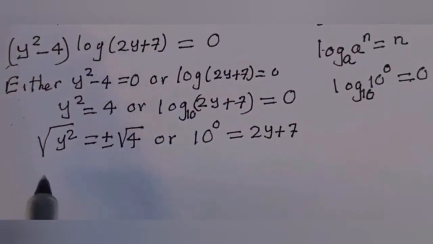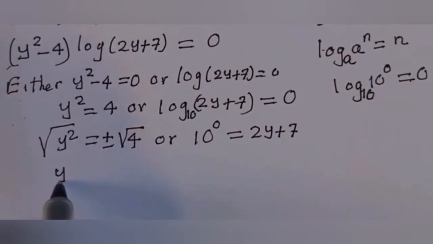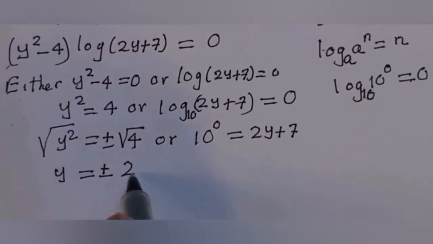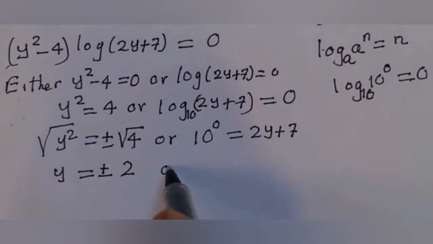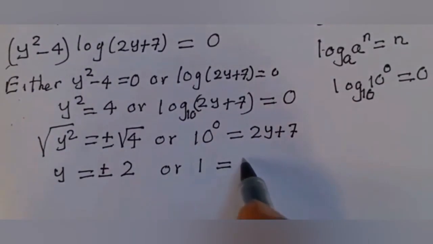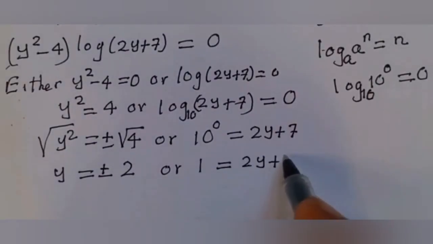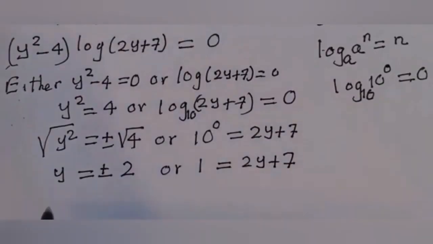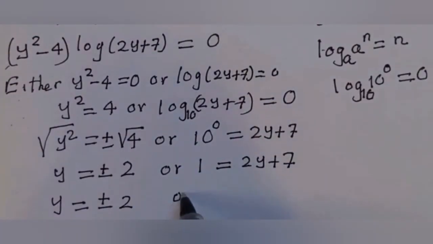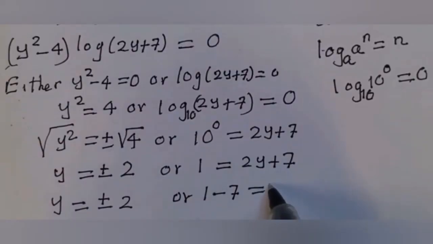Here we have y equals plus or minus 2, or 10 power 0 equals 1, which is equal to 2y plus 7. y equals plus or minus 2, or 1 minus 7, shifting this 7 to this side, equals 2y.